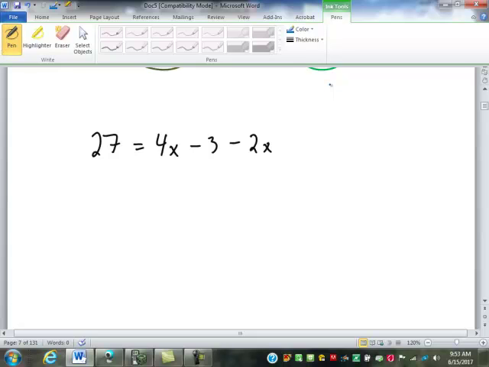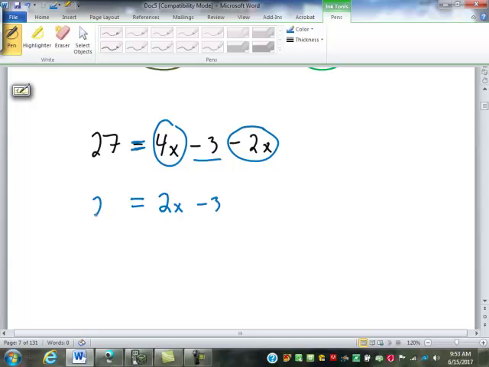Either I can just combine them, or I have to get rid of one of them. Here, because they're on the same side of the equal sign, I can just combine them. And you're absolutely correct. It is 4x and a negative 2x, which make 2x. Just 2x. Good. Now I still have the minus 3.